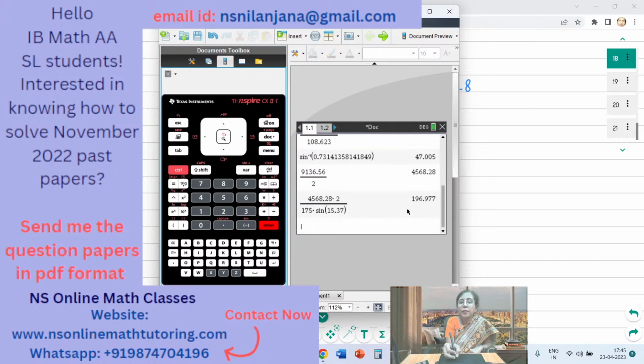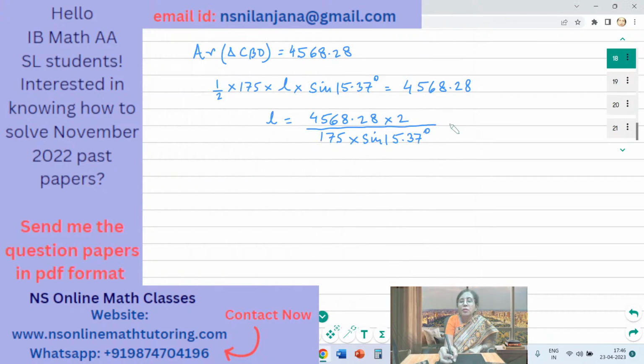Enter. 196.977. So up to 3 significant figures, it will be 197. So this is equal to 197 meters.